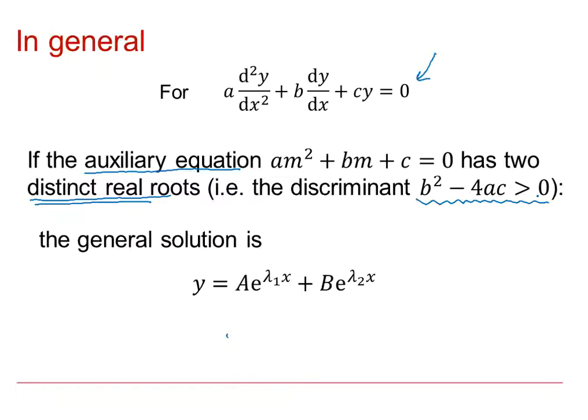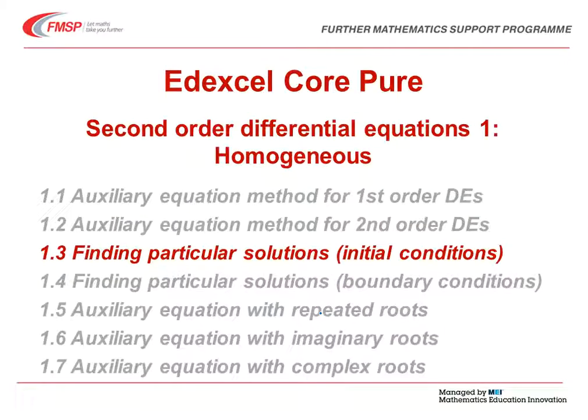So that meant we got two distinct real values for m, and here I've called them m is lambda 1, m is lambda 2, and because we've got two real distinct solutions, the general solution is y equals a e to the lambda 1x plus b e to the lambda 2x. Notice the two constants a and b. And we'll be looking at different scenarios for the auxiliary equation in future videos. So in the next video we're going to be looking at finding particular solutions using initial conditions.